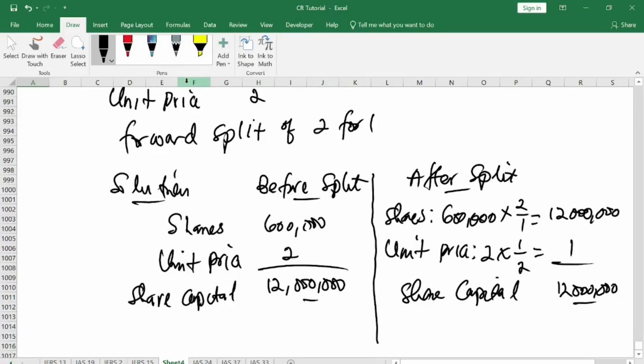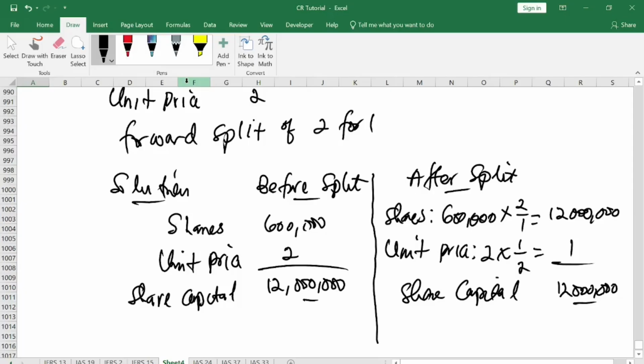Now, what is the essence or importance of share split? When we look at the after split, you realize that the unit price of the share has now reduced to 1 cedi. So one of the importance of share split is that it increases the number of shares, and then it reduces the unit price of the shares. So when the unit price of the share reduces, what happens?